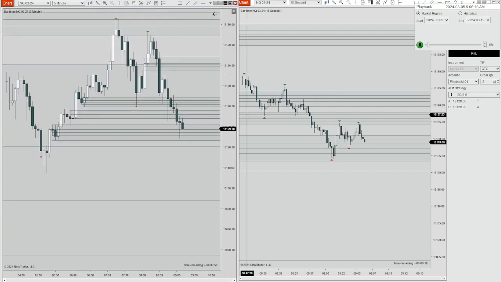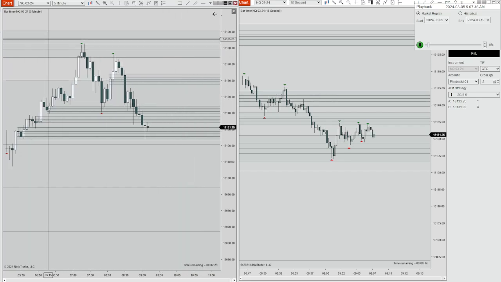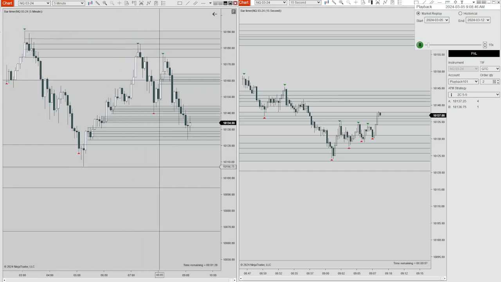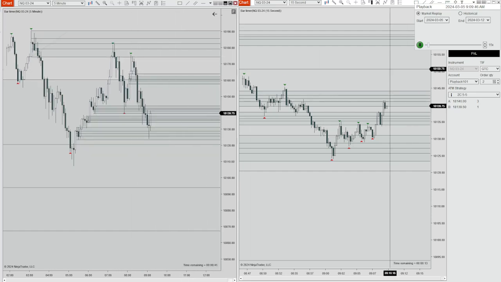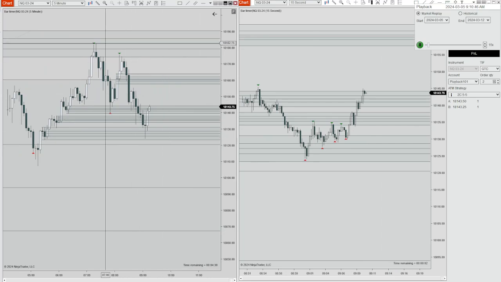For me, I'd like to see a 5 minute, 15 minute val low being put in, so then I can start looking at longs again. But right now it's not clear, not nice price action. So 5 minute val low being put in, so that's good off of the S&D.